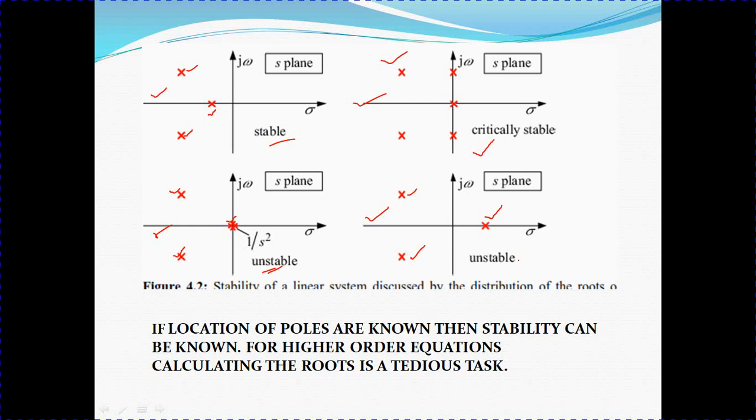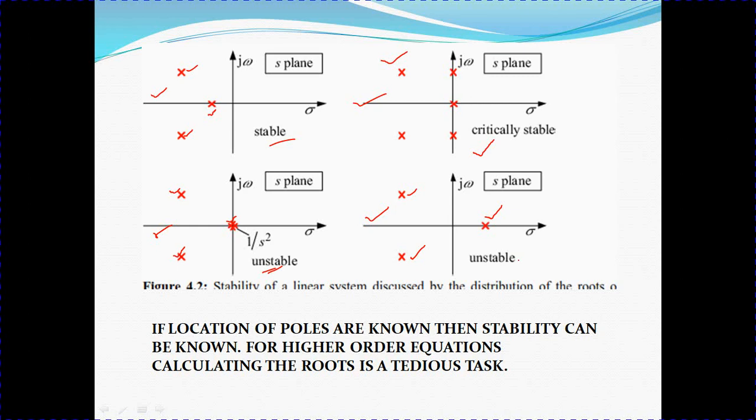But if the order of the characteristic equation increases, then it will be difficult to calculate the roots of the characteristic equation. In our calculator also you can find the roots of the characteristic equation up to 4th order. After that it is difficult to calculate.